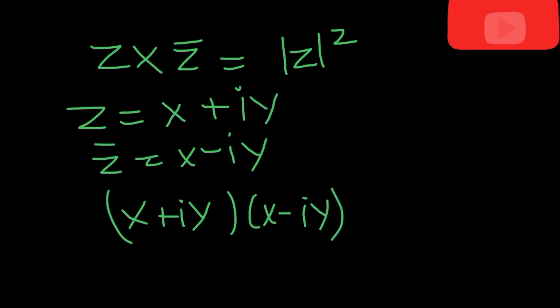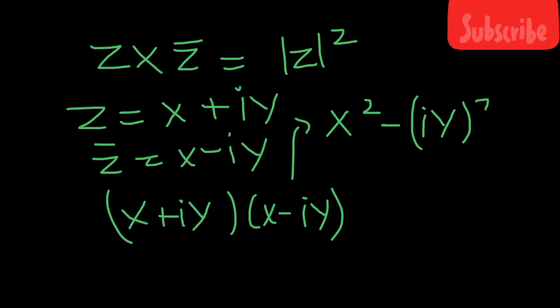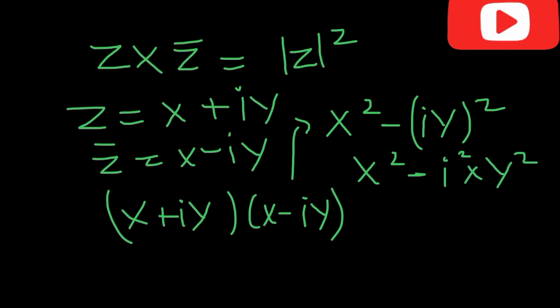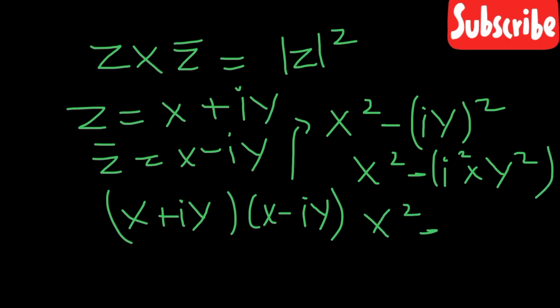Now if you can clearly see, this is of the format (a plus b) into (a minus b), so this comes as a square minus b square. So simply I will write x square minus (iota y) to the power square. So x square minus i square into y square. So what will this quantity be? It will be x square minus (iota square, which is minus 1) into y square.